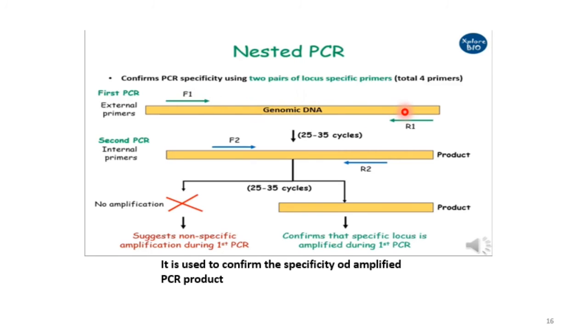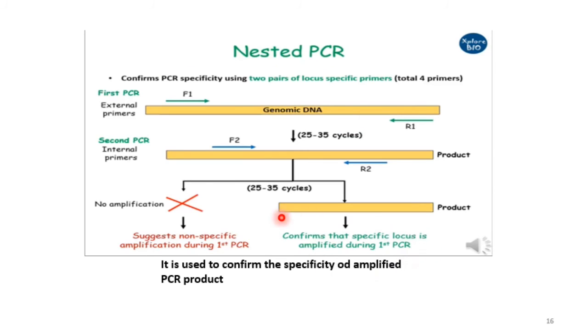Here is the first PCR with the external primer, then the second PCR with the internal primer, which is within the region of the external primer. If there is no amplification, this suggests non-specific amplification of the PCR product in the first PCR reaction.